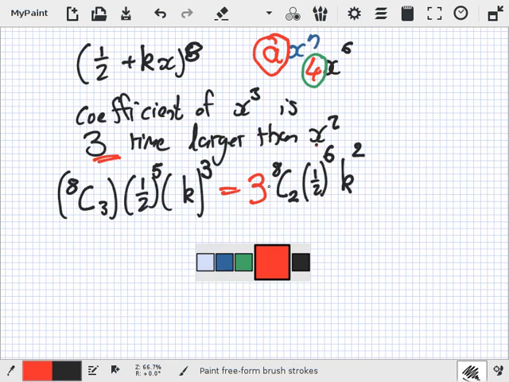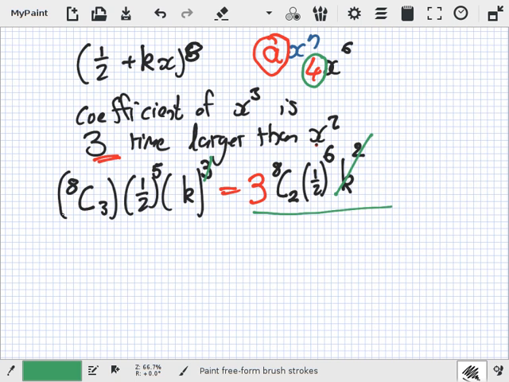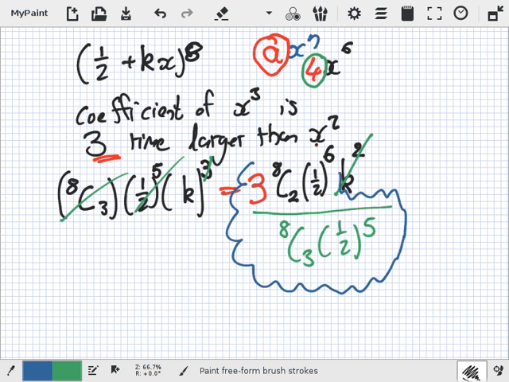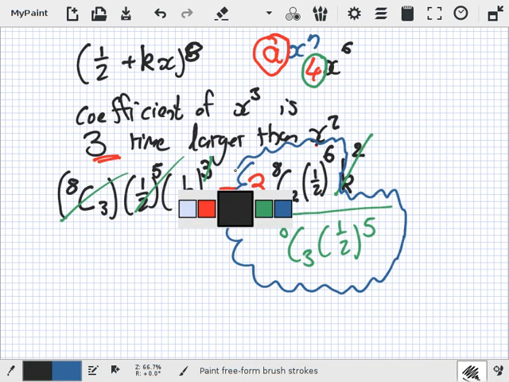So you can cancel, and then divide. So this here, if you put this in on your calculator, that will be k.